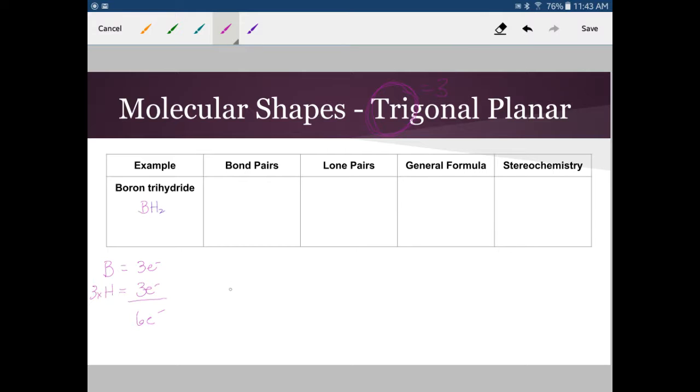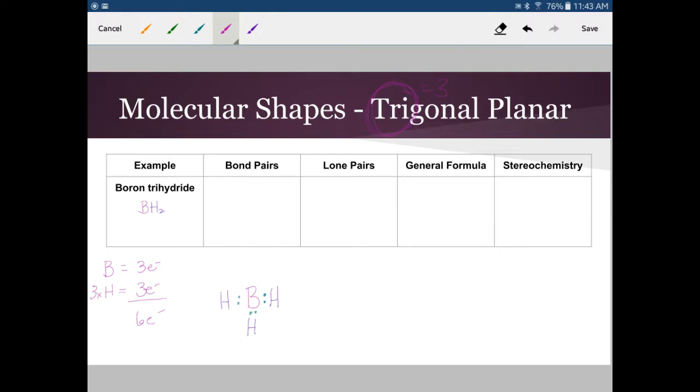Now I know boron is my central atom because hydrogen is never my central atom, and I start by placing my hydrogens around that. I know that it can exist in sort of one of 4 orbitals that surround this invisible box around my boron. And I start by placing those electrons. 1, 2, 3, 4, 5, 6. Well, there we go. I've used up all of my electrons, so there's no more left to place.